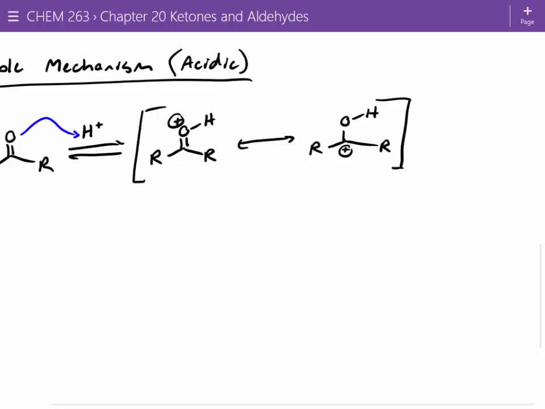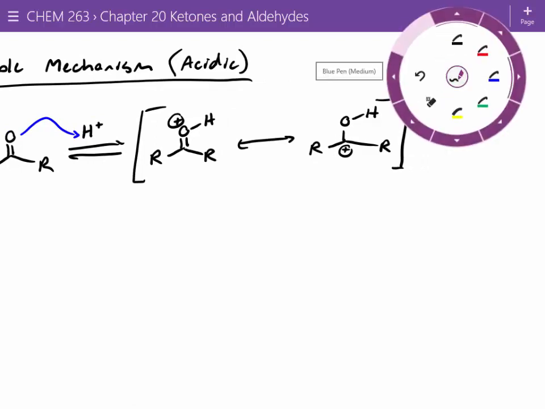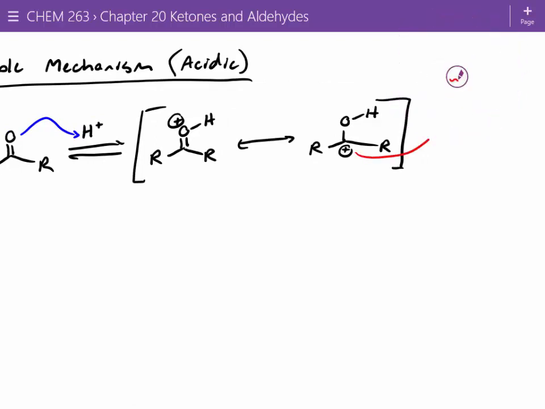That means this carbon is now super electrophilic. And so the next step will be our nucleophilic attack.